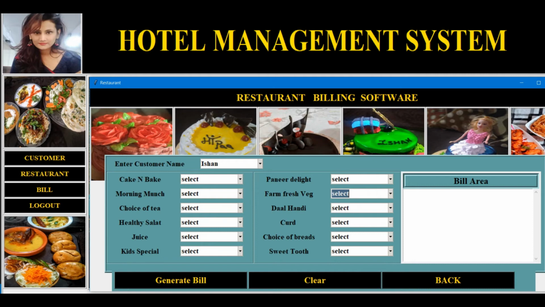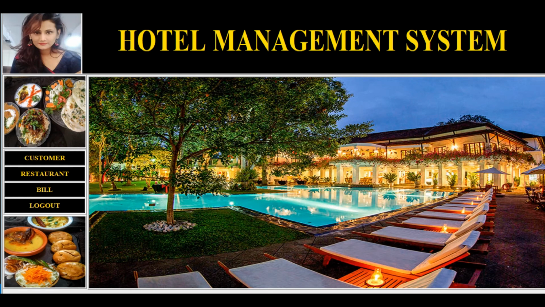Now we are going to see whether the room charges we entered in the first window and the restaurant window are added up. So we have to go to bill. Hit the back button, go to the bill section.